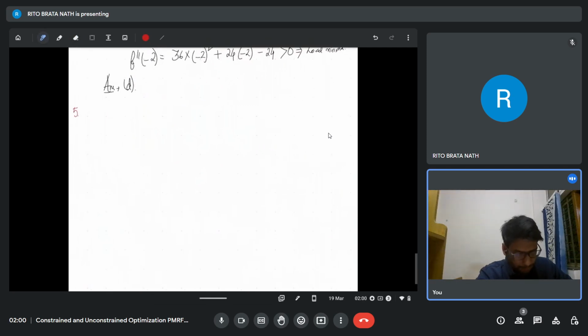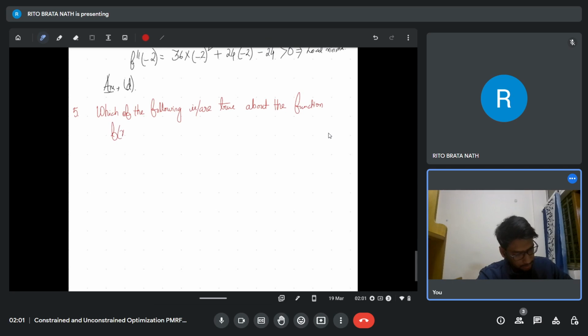So the fifth problem states that which of the following is or are true about the function f(x) equals x to the power 1 by 3.